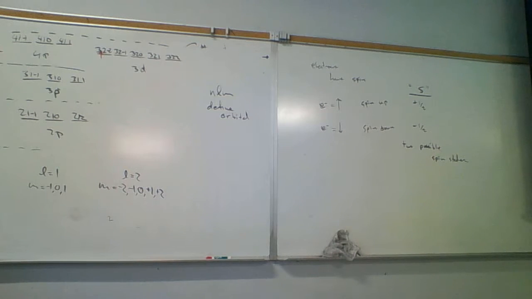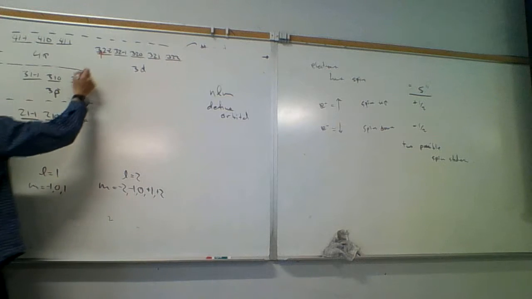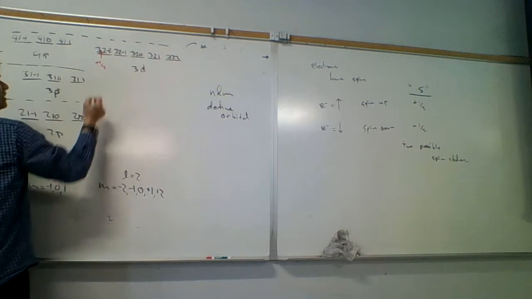That electron is in the 3, 2, minus 2 orbital, or it's in the 3d orbital. Is it spin up or spin down? We say it's spin up. And so this is plus 1/2.